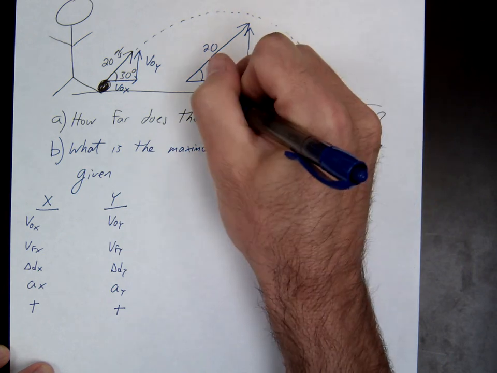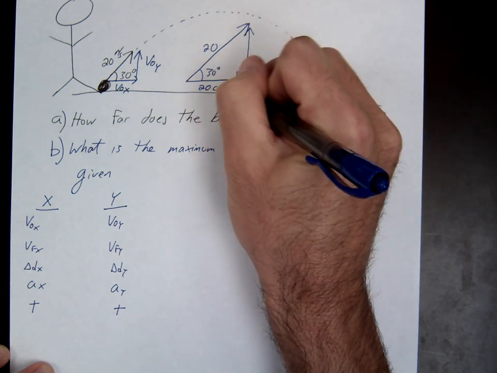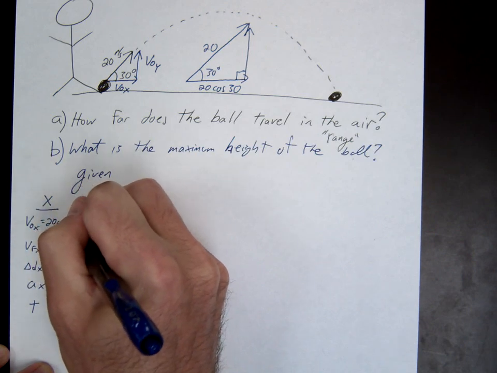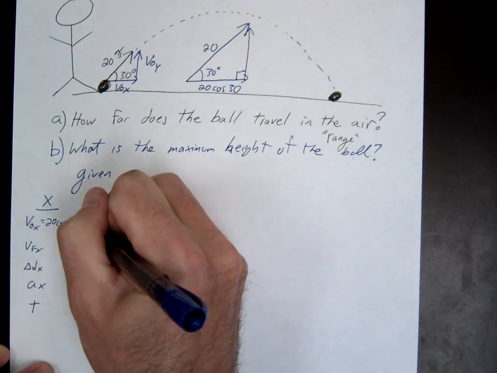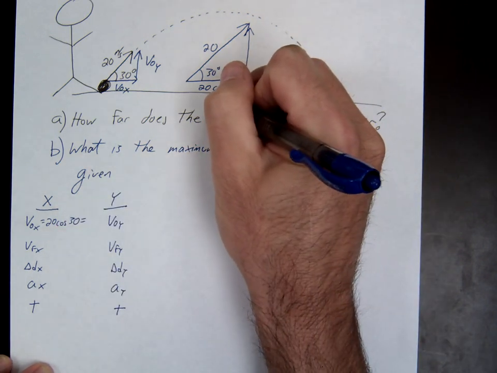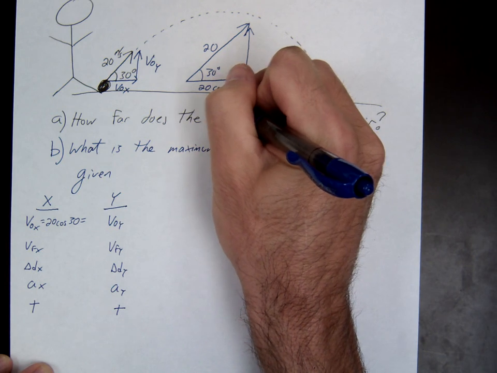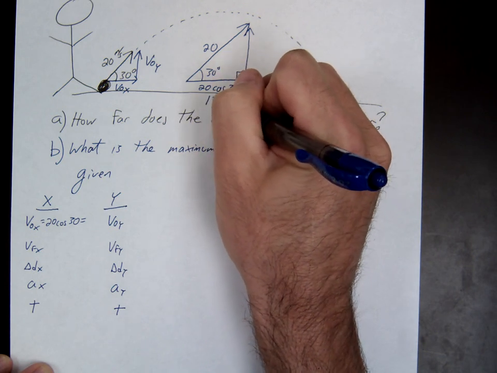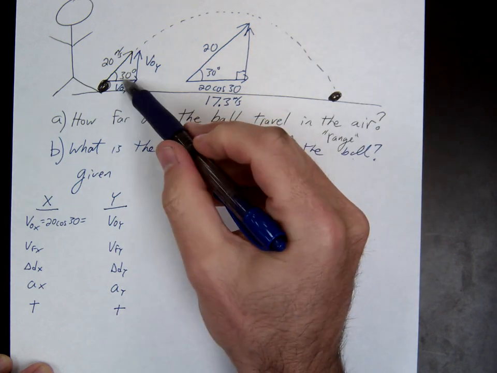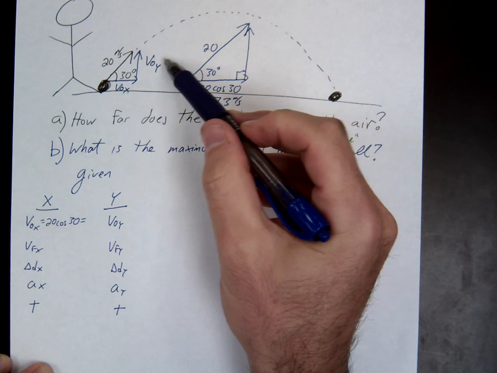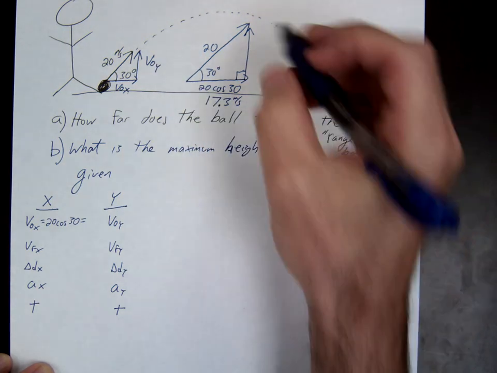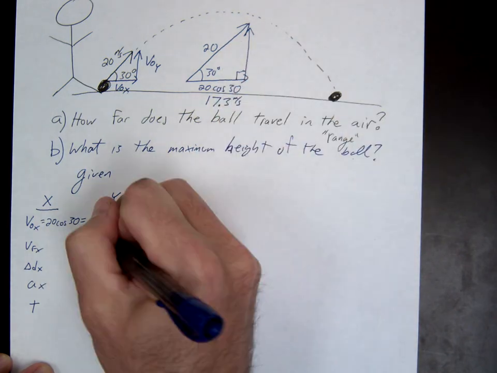So what's the shortcut? 20 cosine 30 equals... VOX and VOY. Okay, 17.3.